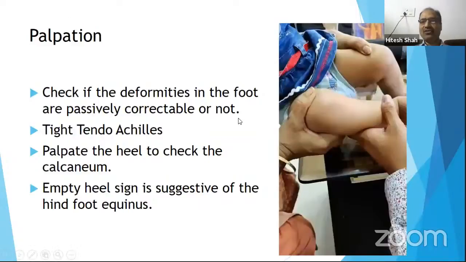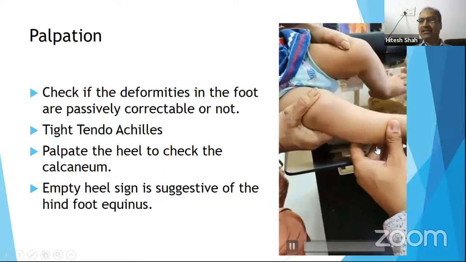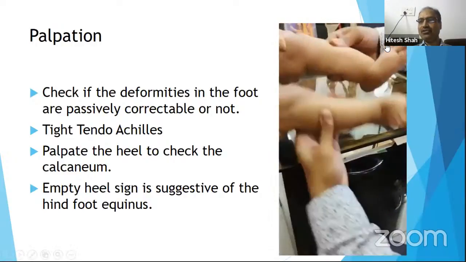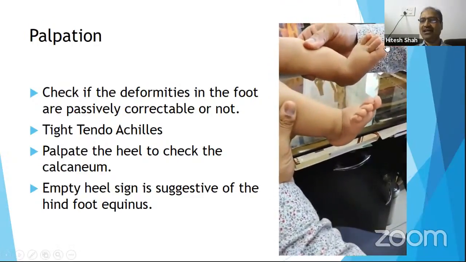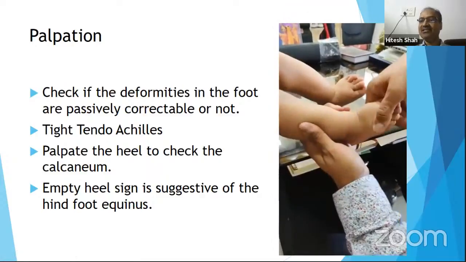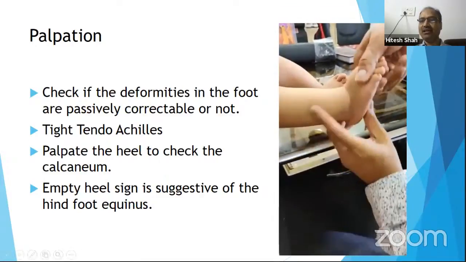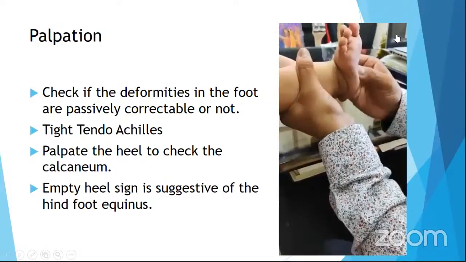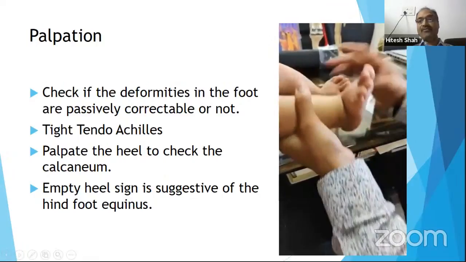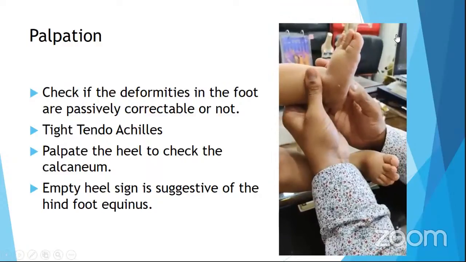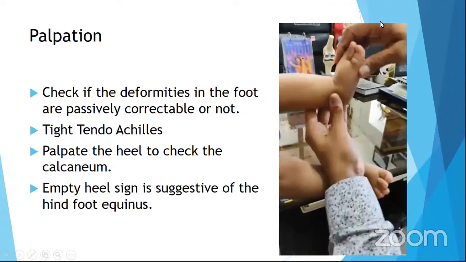What is to be checked in palpation if you get the case? Whether it is passively correctable or not. When you check, the child comes with the forefoot everted, whether the deformity is supple or not, whether it is passively correctable or not, whether the talus is palpable, or whether there is tightness of the TA, and whether the empty heel sign is present or not.